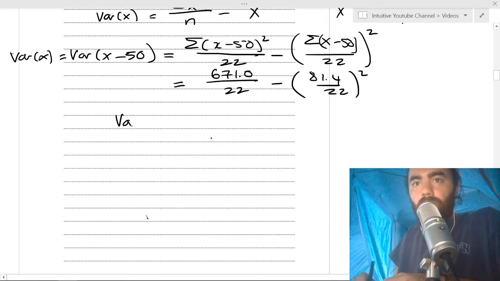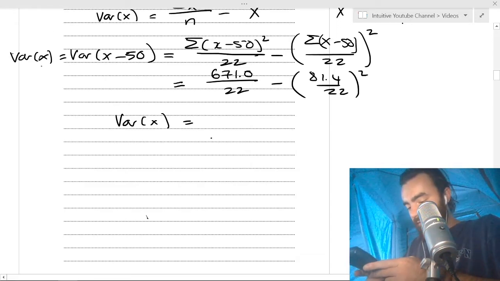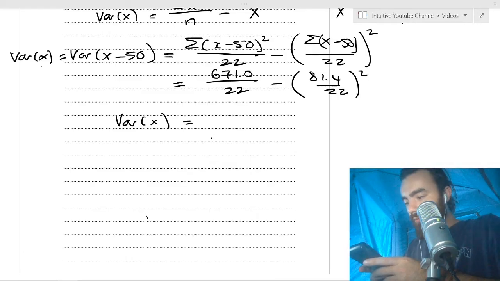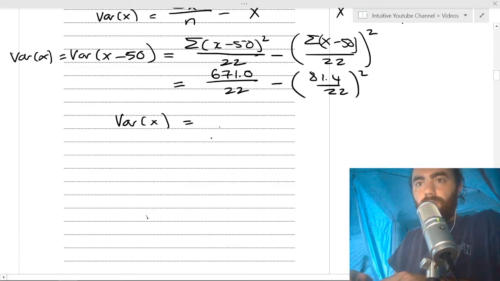If you put that in your calculator, you'll get a value for the variance of x minus 50, which is the same as the variance of x. So the answer is 16.81.